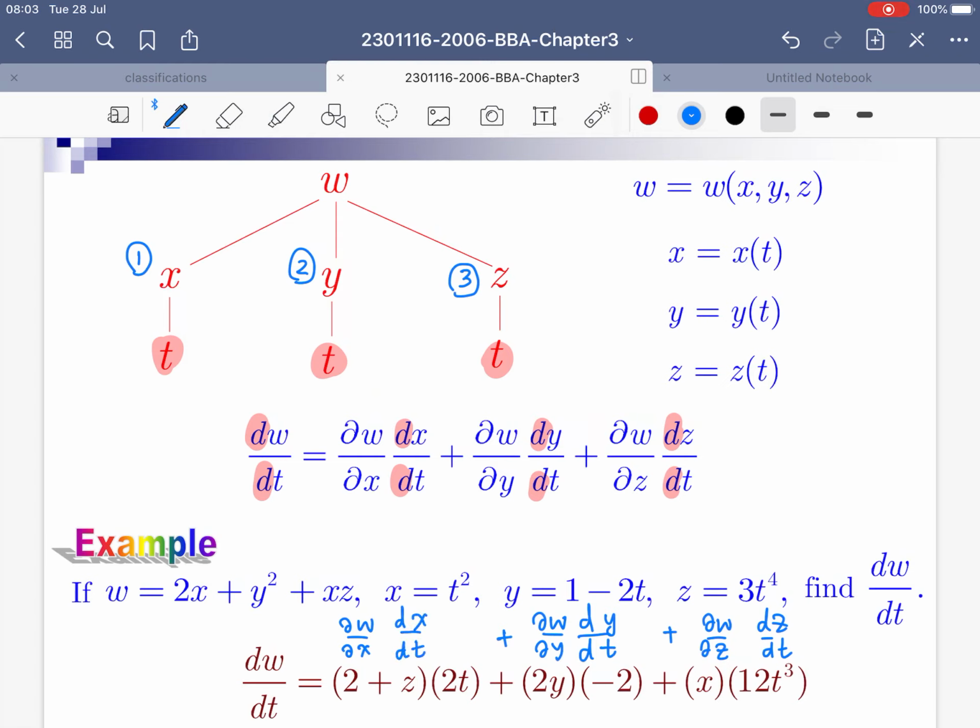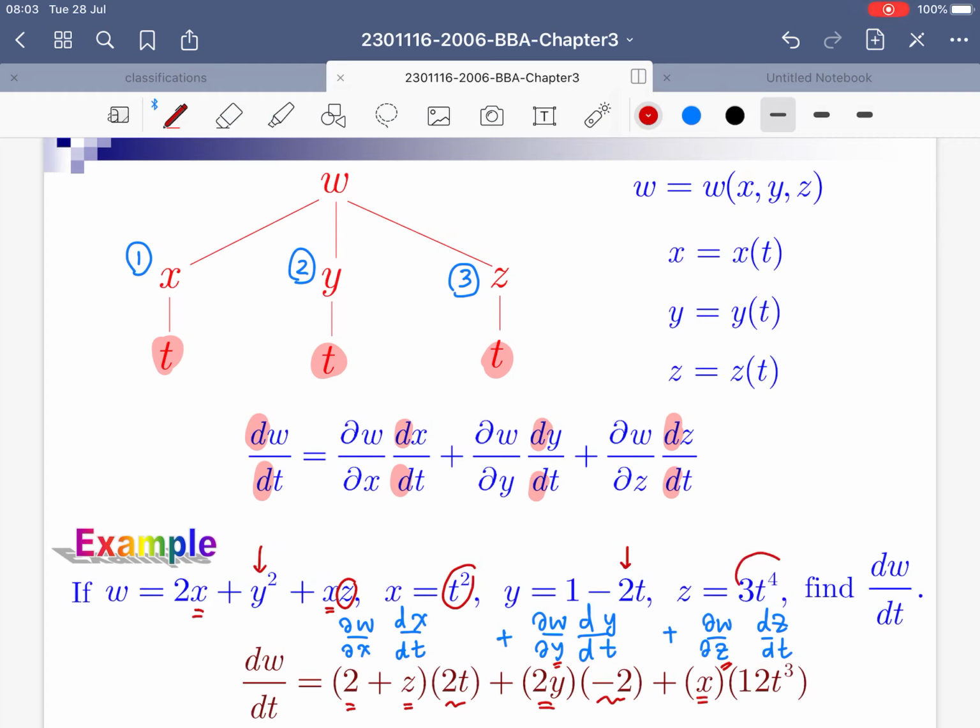Okay, so dw by dx, here is the x, there is the x, so you get 2 and z, and this one, the derivative with respect to t, is 2t. This one, the derivative with respect to y, here is the y squared, so you have 2y, and your y with respect to t, you have negative 2. And the last one, the derivative with respect to z, here's the z, so the derivative will become an x.